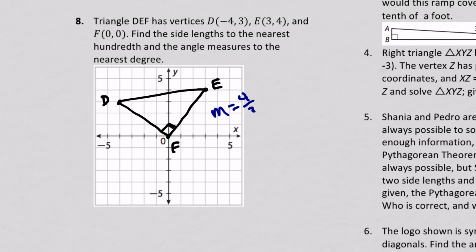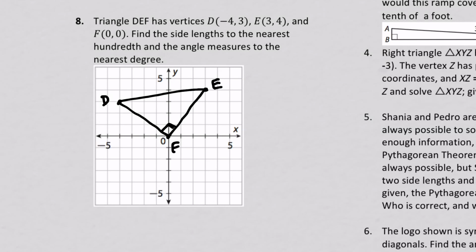And the slope of this line, if you look at this one as it goes down towards this one, it's down 3 over 4, is -3 over 4. So look at those two slopes. They're opposites of each other and reciprocals of each other, which tells me that these two lines are perpendicular. Right, perpendicular lines have opposite reciprocal slopes, which tells me that this is a right angle. So that's how I know that that is at a right angle.